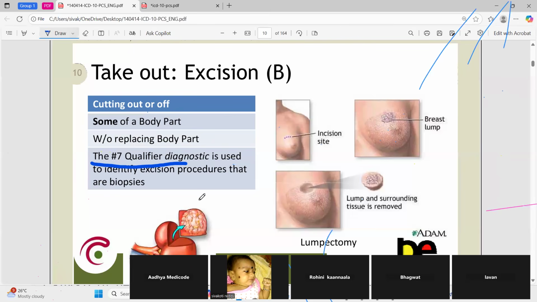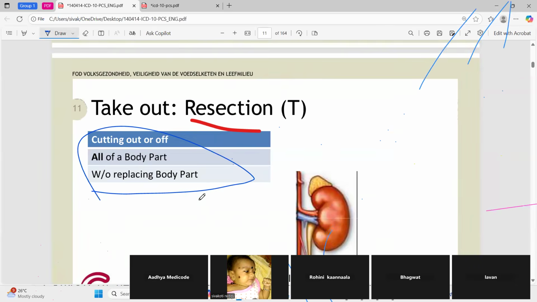Sorry, not lobectomy, only lumpectomy. So partial removal of an organ, biopsy, and excisional debridements are considered excision. For biopsy, the qualifier should be diagnostic.